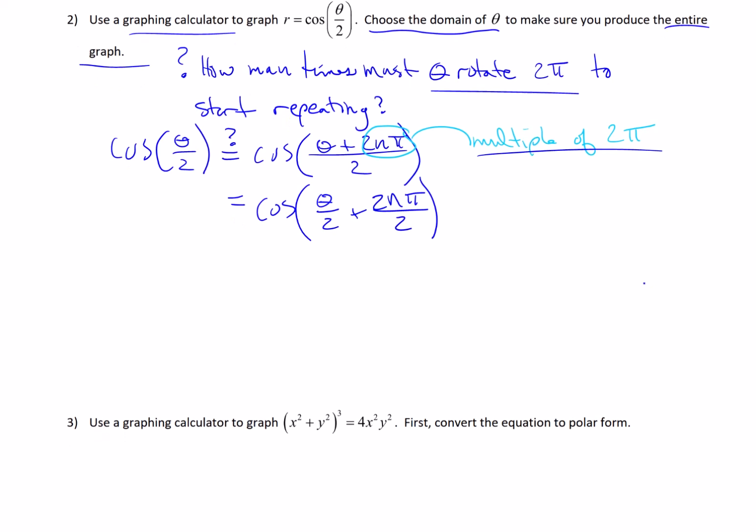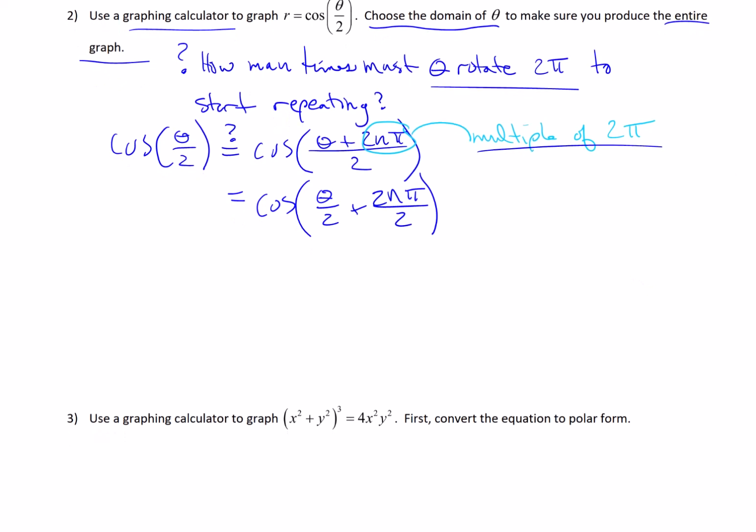Well, think about this for a second. You have 2n pi over 2. It's almost there. The question is, what n value could I substitute in for n and produce a multiple of 2 pi? What if n was 1, or what if n was 2? If n was 1, then you would get 2 times 1 times pi for that second term, all over 2.